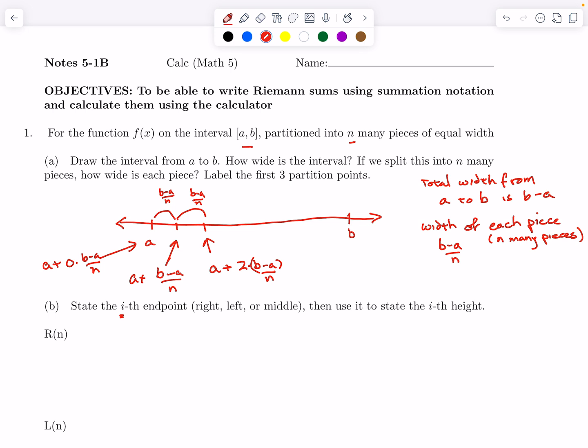The ith right-hand endpoint will be A, the bottom of the interval, plus I many B minus A over n's. And the ith right-hand height, you get the height by plugging into the function.